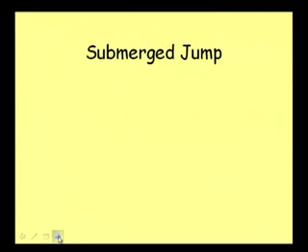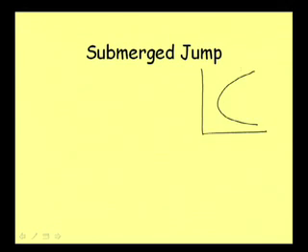Then we are moving on to another type of jump that we call a submerged jump. Okay. Now, what is a submerged jump? Again, if I draw this diagram, y1 and of course the corresponding y2 is this one.